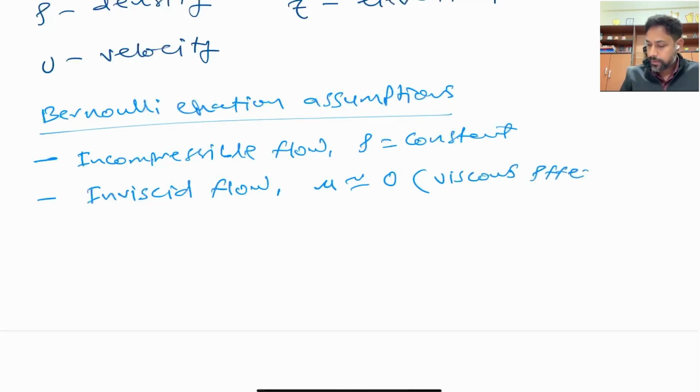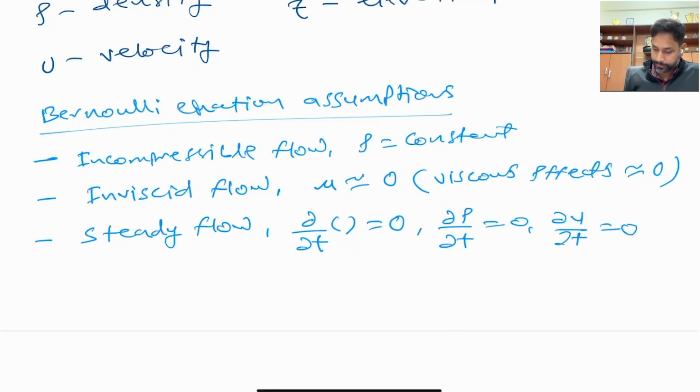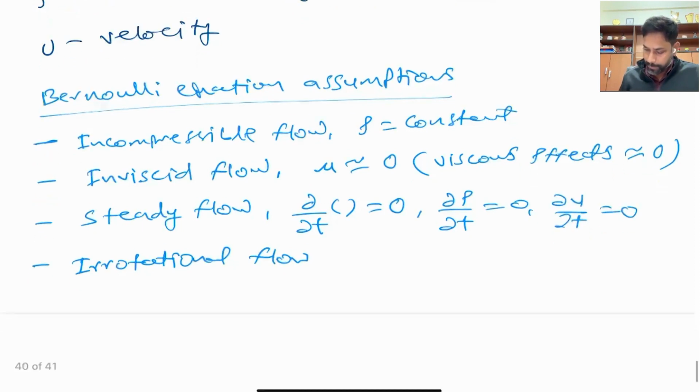Viscous effects are equal to 0. And then a steady flow, which means that anything inside the time derivative is equal to 0. Okay, which involves, let's say, d rho by dt is equal to 0, or du by dt is equal to 0, etc. And then flow is irrotational, and that's why this is conserved everywhere or constant everywhere.